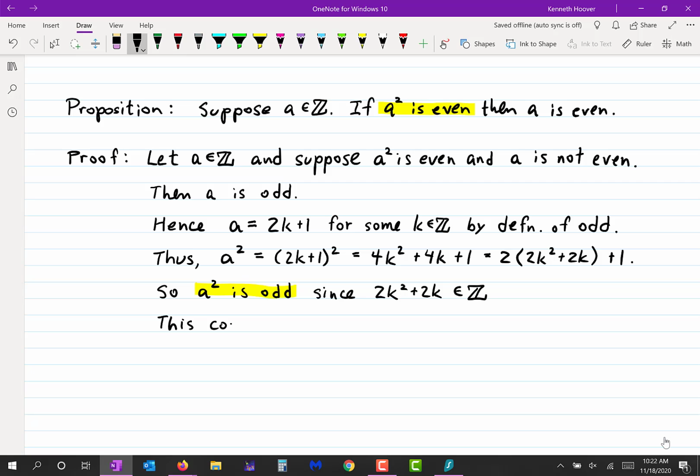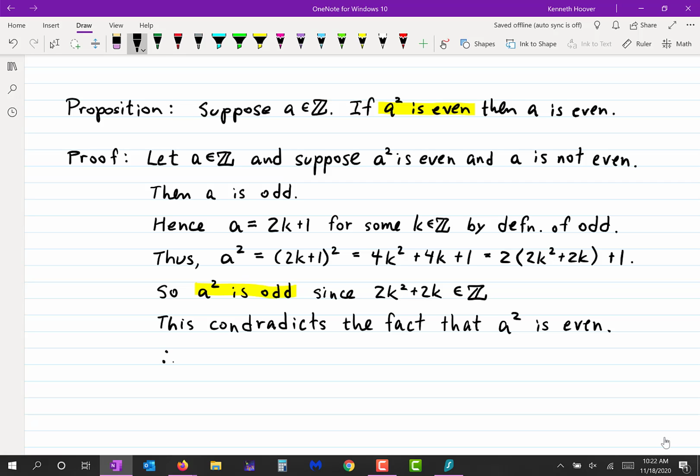This contradicts the fact that a squared is even. And that's our contradiction that we derived. Okay?